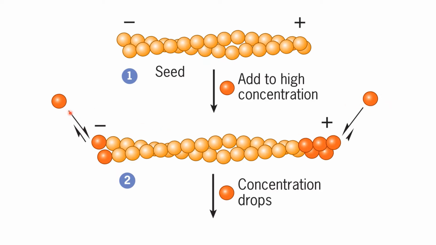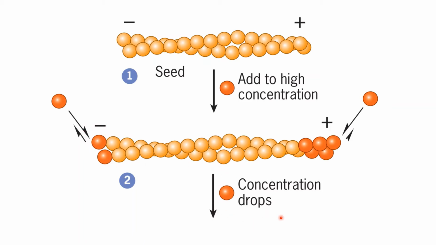Look at the arrows pointing toward the minus and plus ends; they are of the same length because the polymerization rate is equal. Where they differ is the depolymerization rate. At the plus end, the depolymerization rate is almost zero, while at the negative end there is a substantial amount of depolymerization, so growth at the minus end is not that fast. There is still growth, but not that fast.